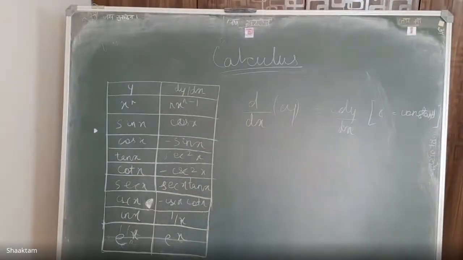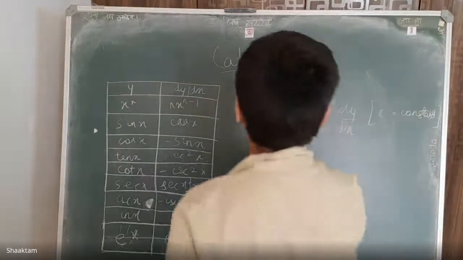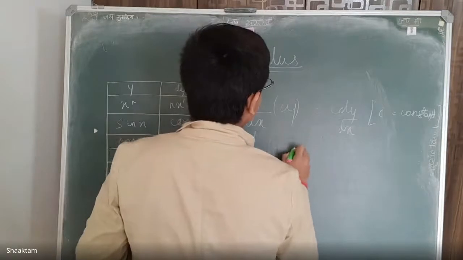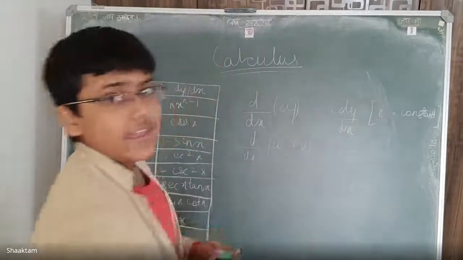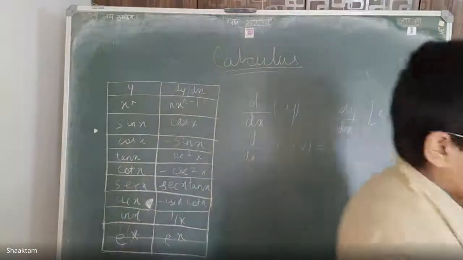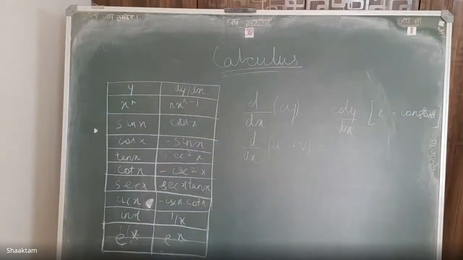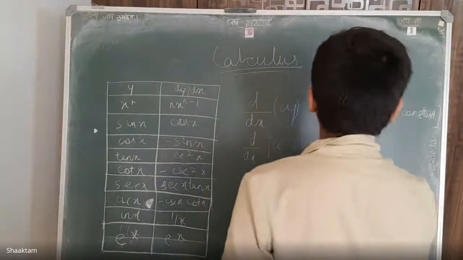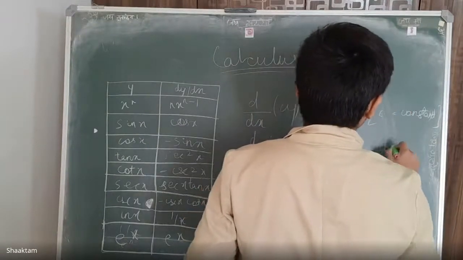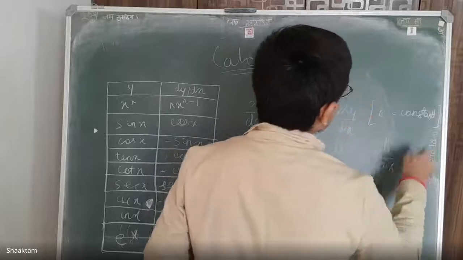First formula. Next, d by dx of u plus v, where u and v are just functions of x, is du by dx plus dv by dx.